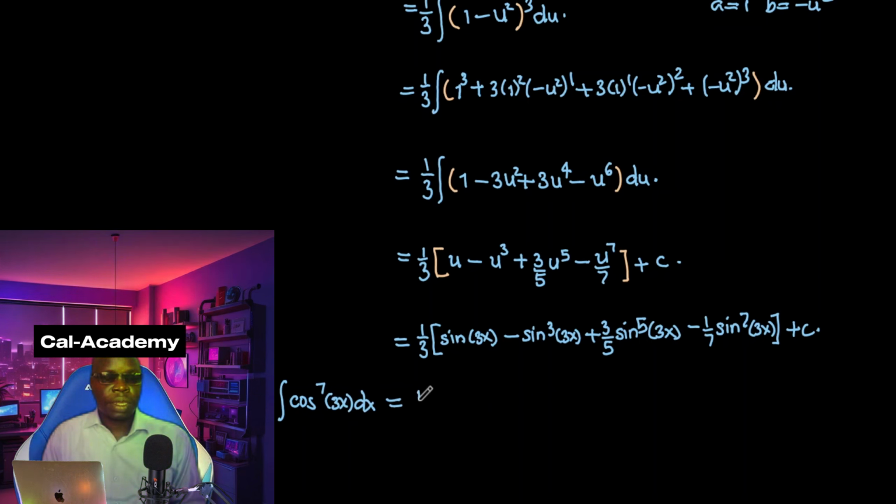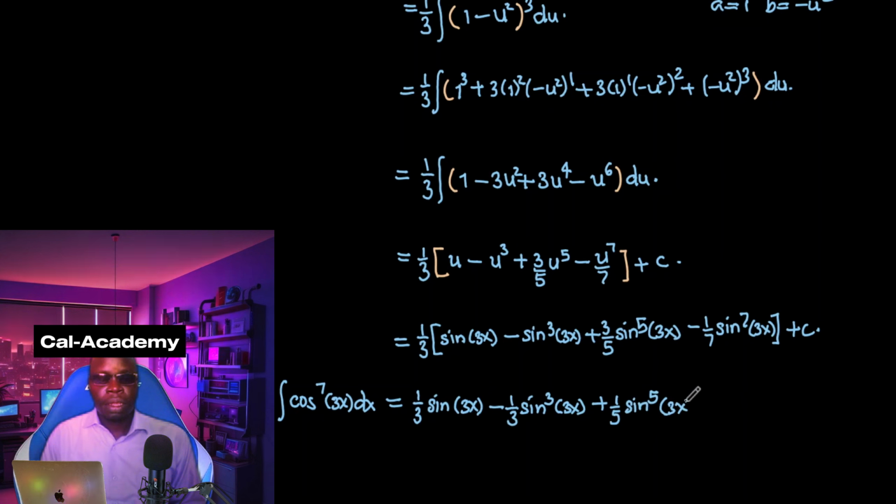So the first term becomes 1/3 sine of 3x minus 1/3 sine to the 3rd power of also 3x plus, now we're multiplying this, the 3 will cancel with that, and we have 1/5 sine to the power of 5 of 3x.